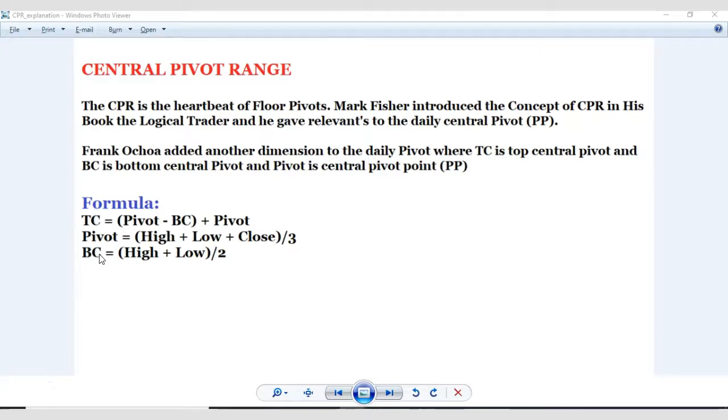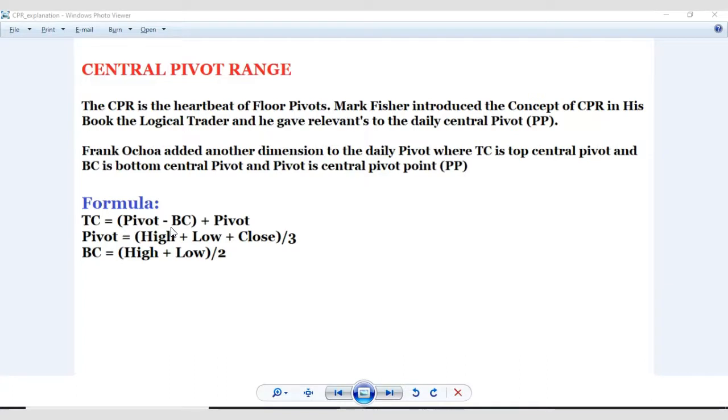So first we calculate the pivot, next the bottom central pivot. How do you calculate the bottom central pivot? High plus low by 2, also of the previous day only. Once you get these 2 values, you can calculate the top central pivot, that is pivot minus bottom central plus pivot. This formula will help you each and every day, remember that.